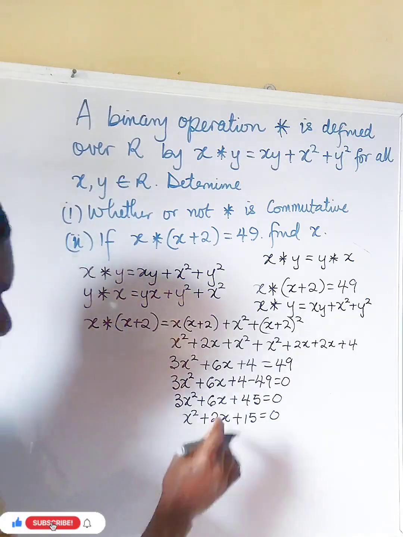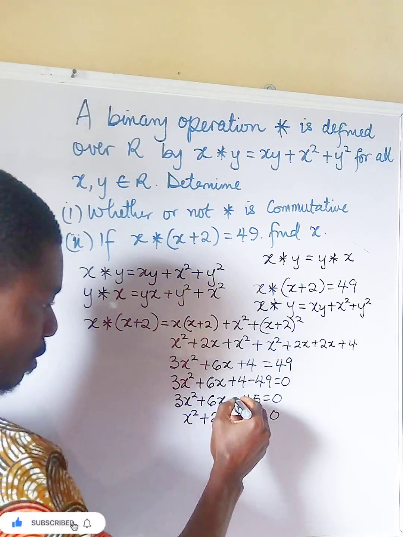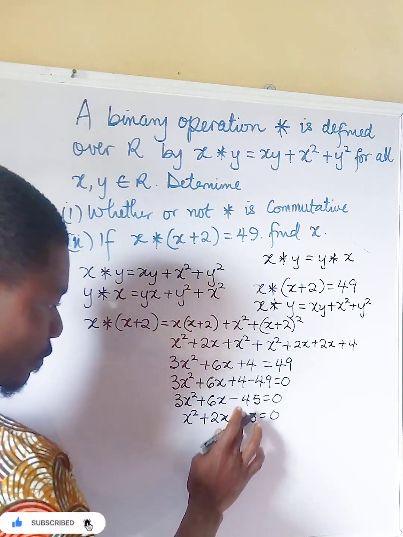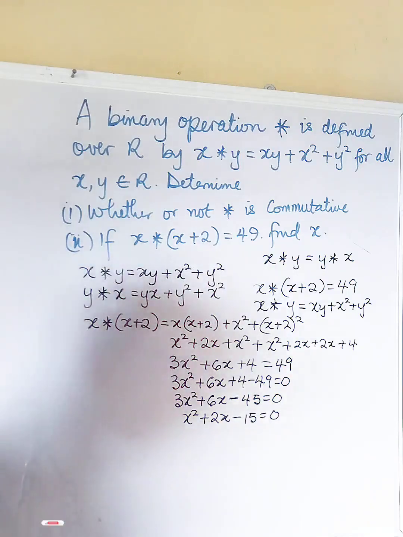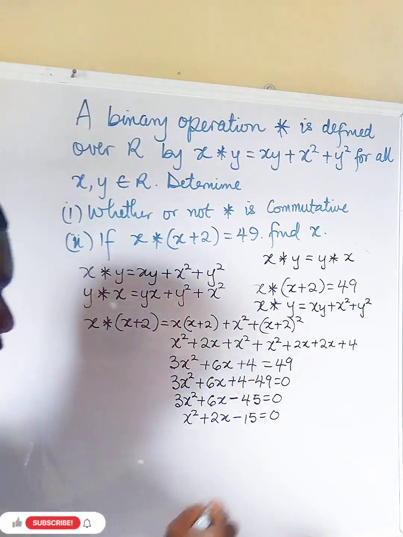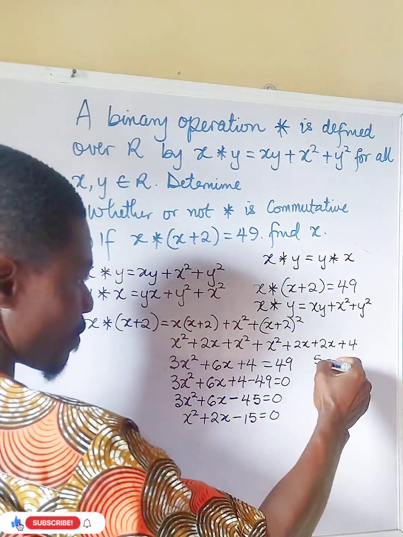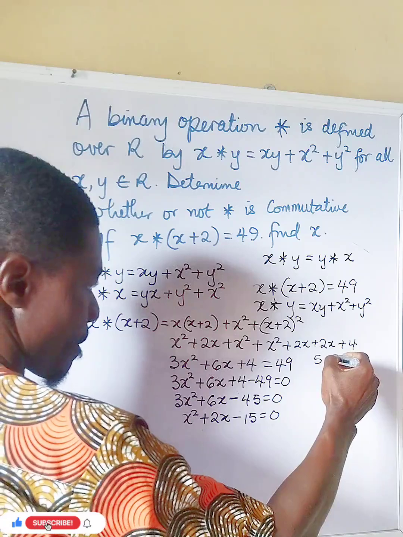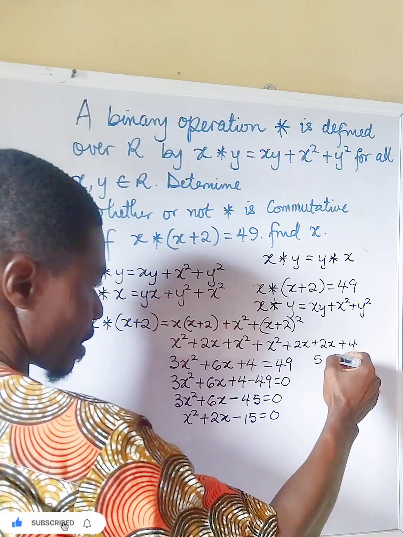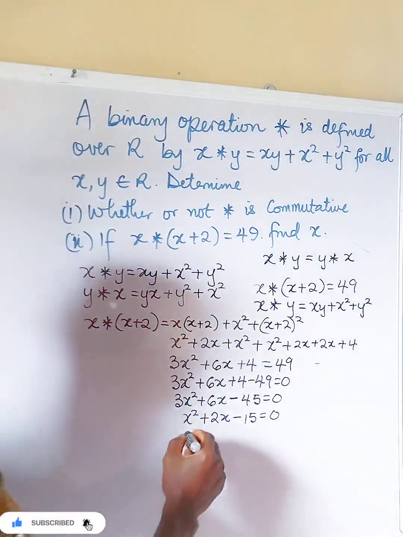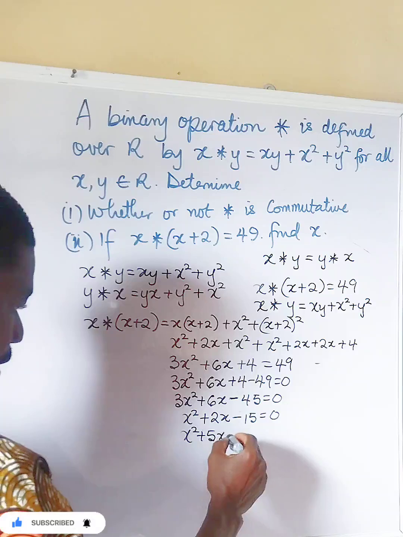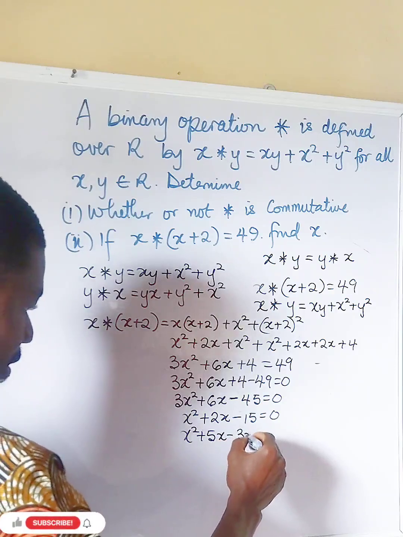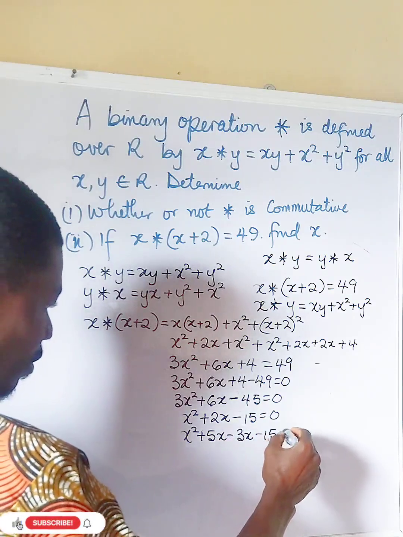Oh sorry, here you have minus, here you have minus. I thought as much. Alright, so we should be having 5 and 3. Okay, so here you have x squared plus 5x minus 3x minus 15 all equals 0.